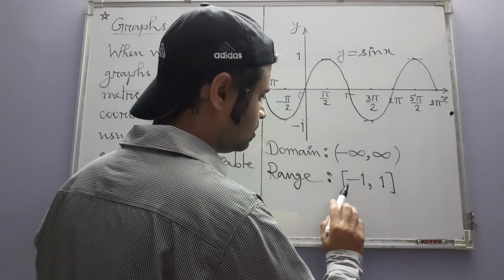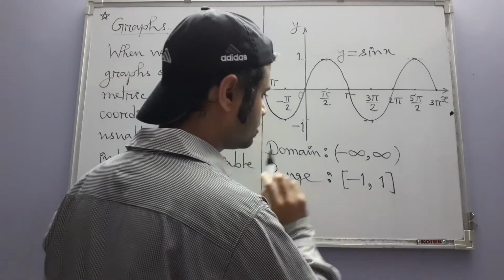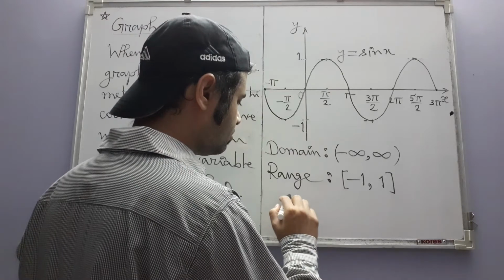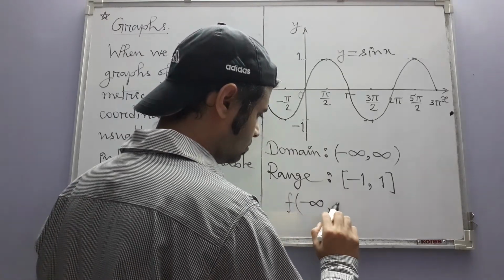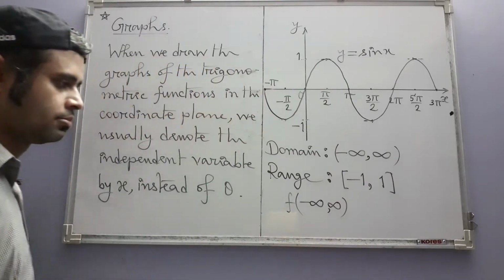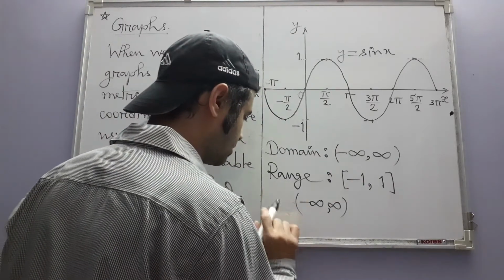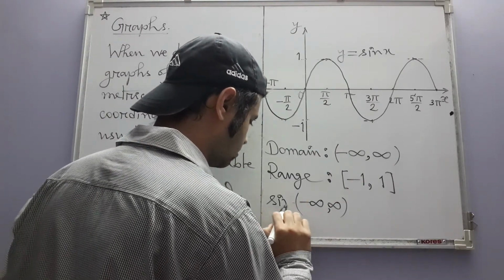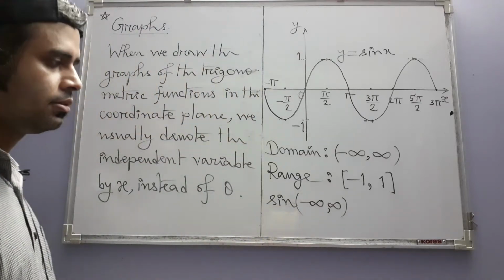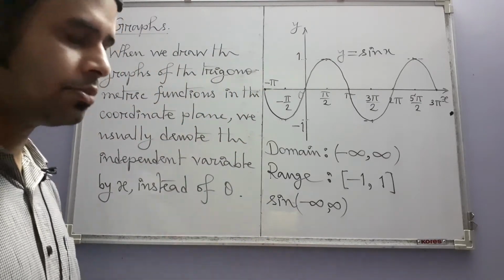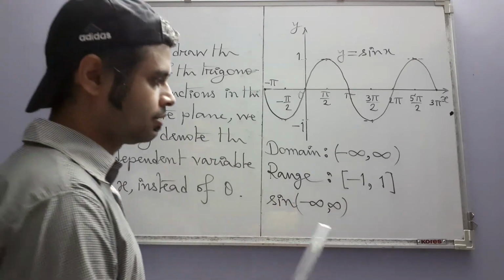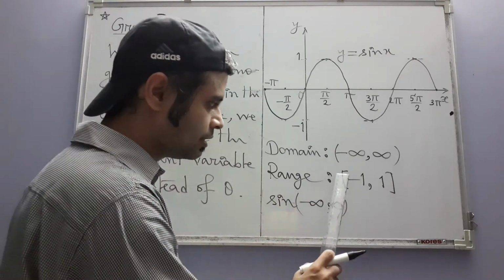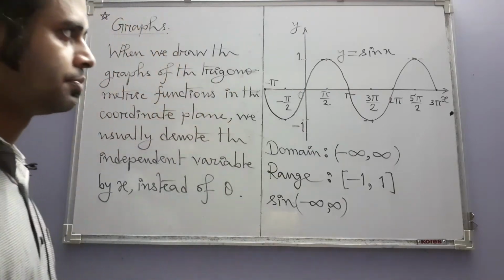And the range being this set means that if you put all the inputs, which are all the real numbers, and collect all the images, then that set of images becomes this.